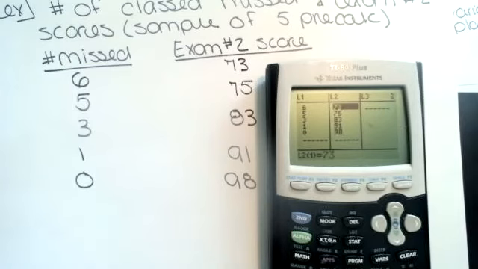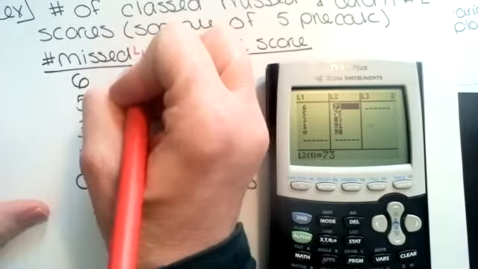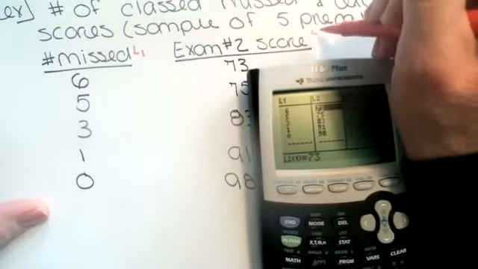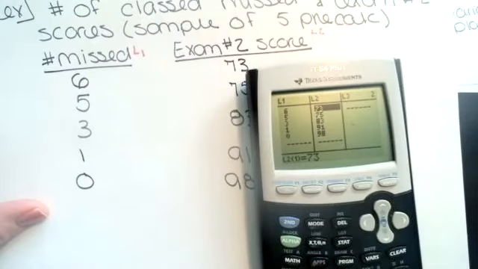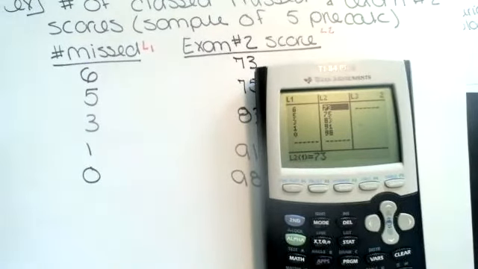You would do the same thing in Minitab: enter one in column 1 and one in the other column. And you want to make a note. I'm going to make a note right here: my L1 has the number of classes and L2 has my exam scores, because I need to refer to those in a moment.